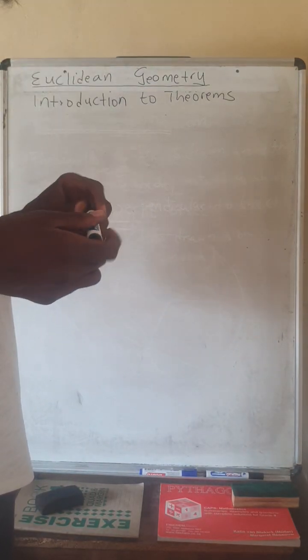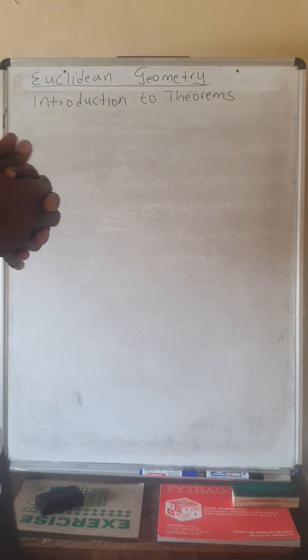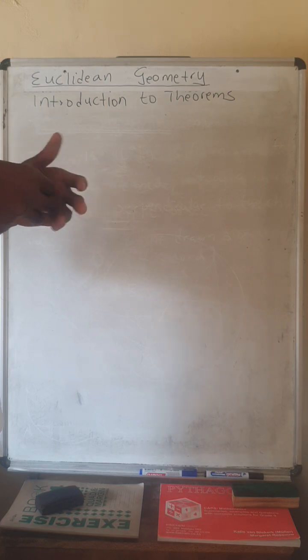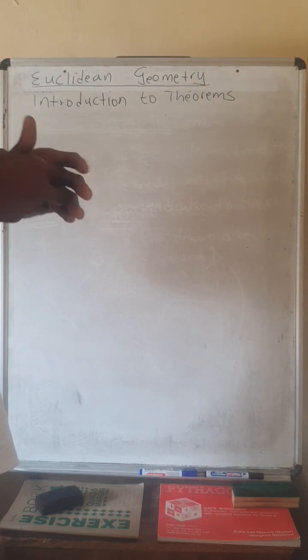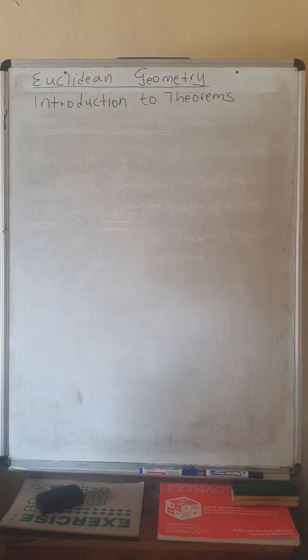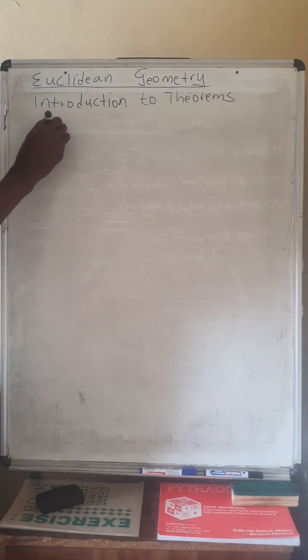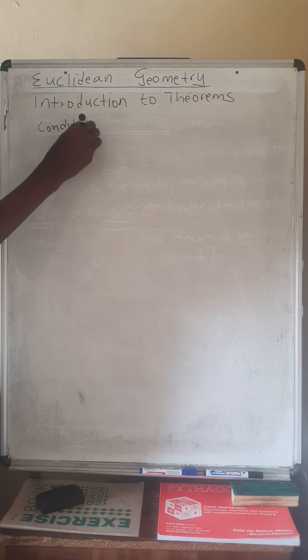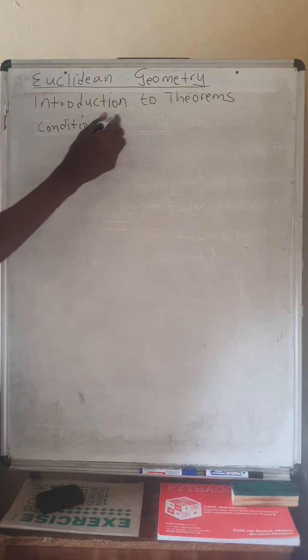It plays a very important role in Euclidean geometry, even though one may say it's not part of Euclid. But I can also argue that it's part of Euclid because theorems are also conditional statements. With this, I can guarantee you that your Euclid will be better going forward. You will master it.